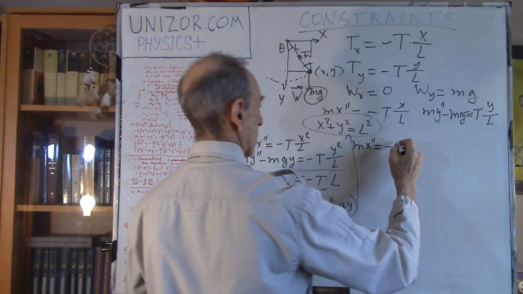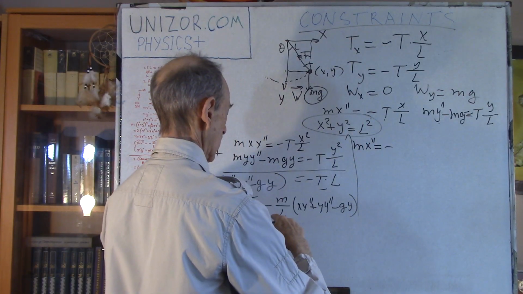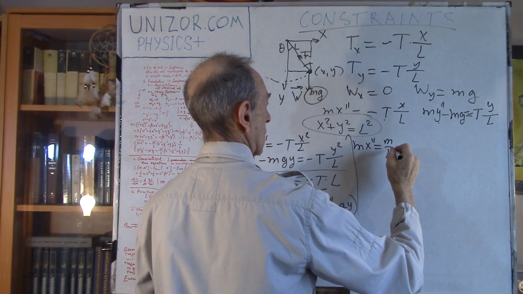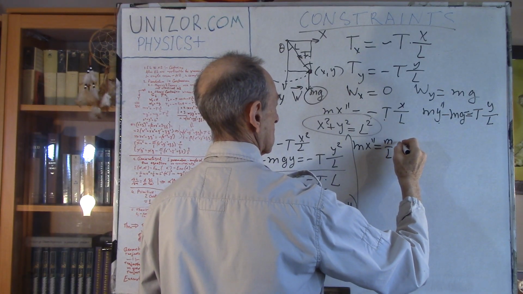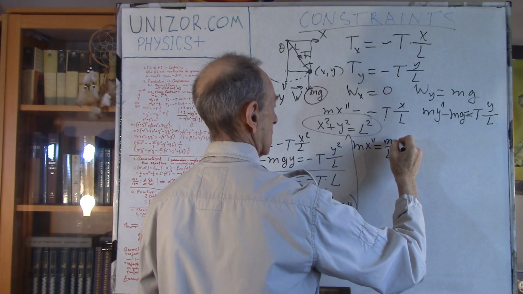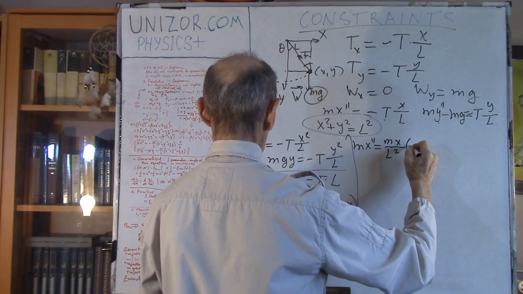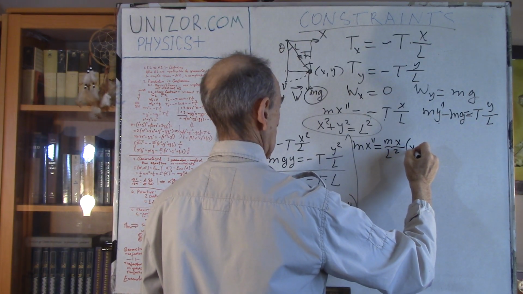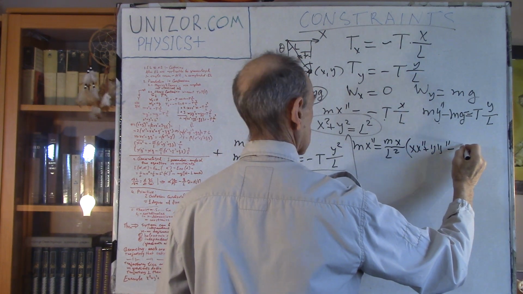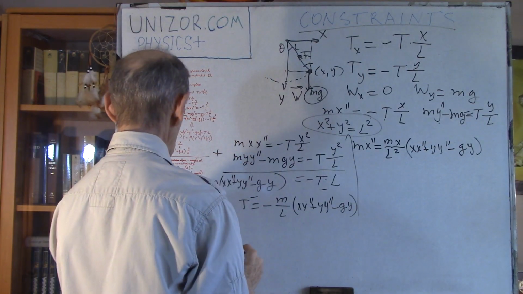So it would be minus T, and minus would be just m over L times x over L squared, times x double prime plus y double prime minus gy. Am I right? I think I'm right.